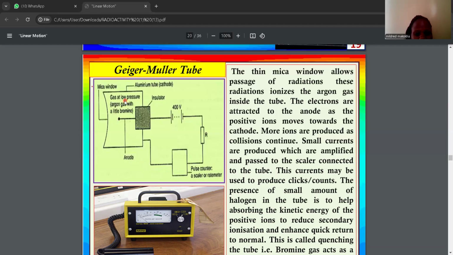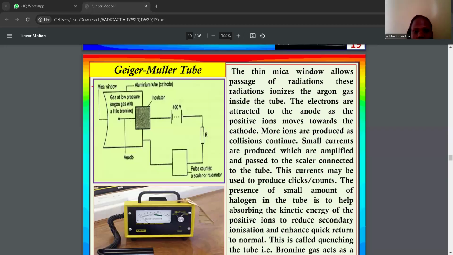So any other ionization happening here can lead to the registering of false current.